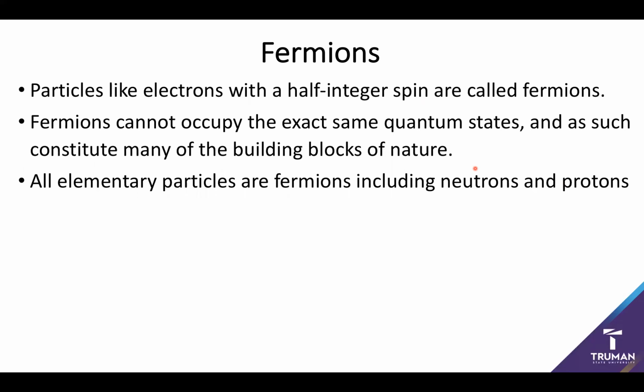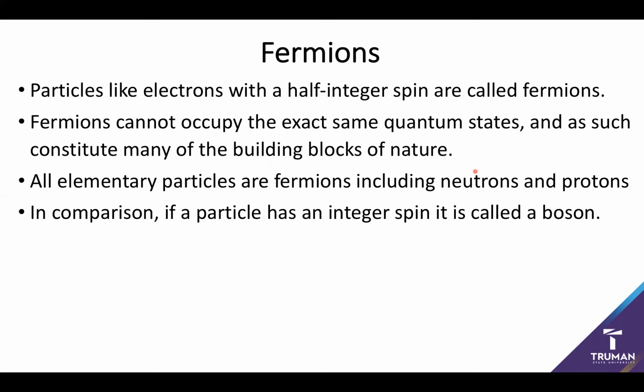Now, it is worth noting that not all particles have a half spin. Turns out some particles have a full spin. So this means they have a full h bar of angular momentum. These particles are called bosons. So you can think about these as particles that say don't spin at all. So they can just stay stationary.